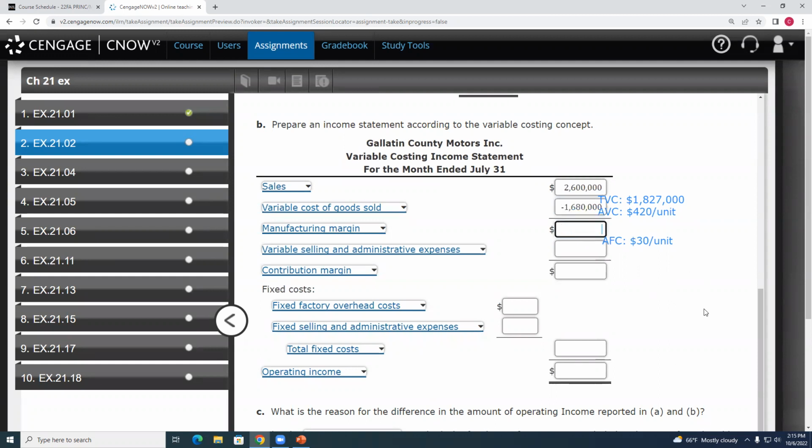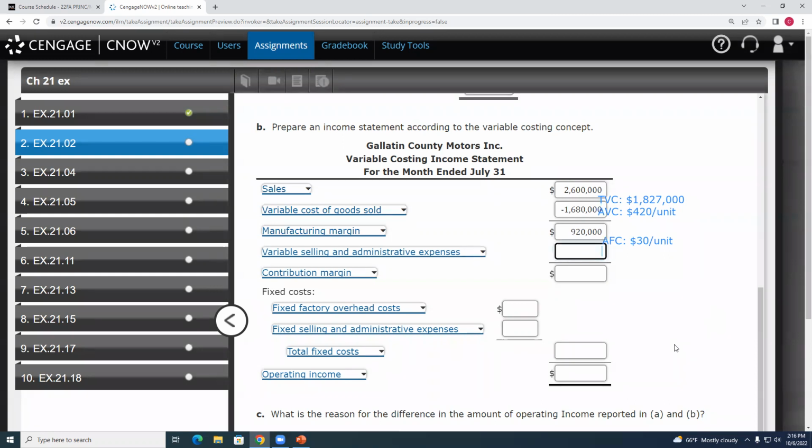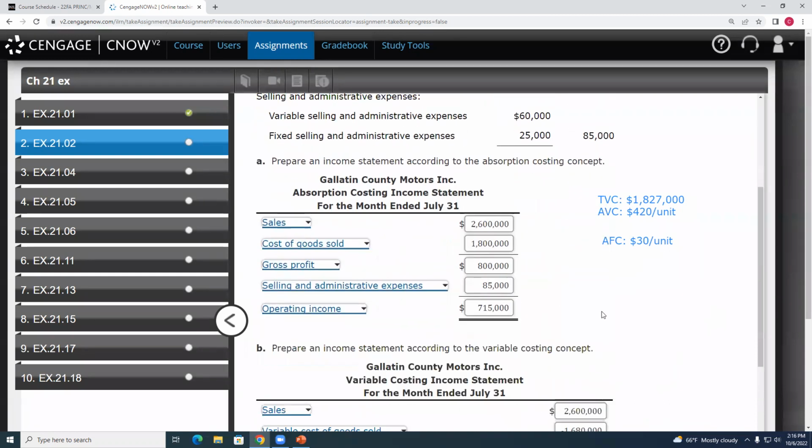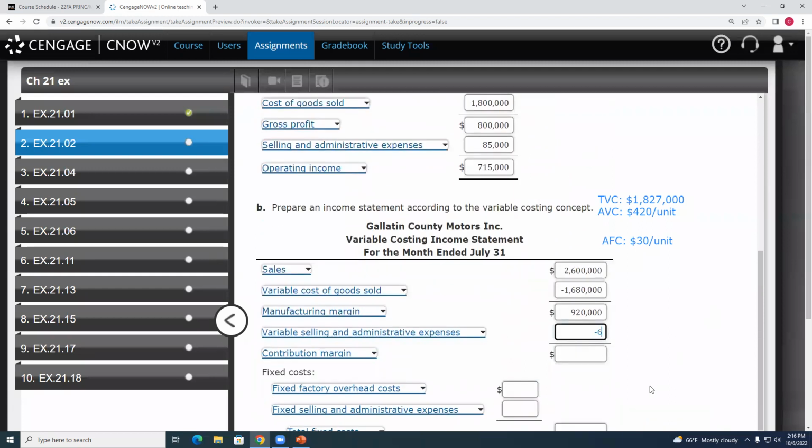As long as it doesn't say use or don't use negatives, it will accept that number either way. It will accept the absolute value of that number. And so we have a manufacturing margin of $920,000. The variable selling expenses were $60,000. So we have a contribution margin of $860,000.